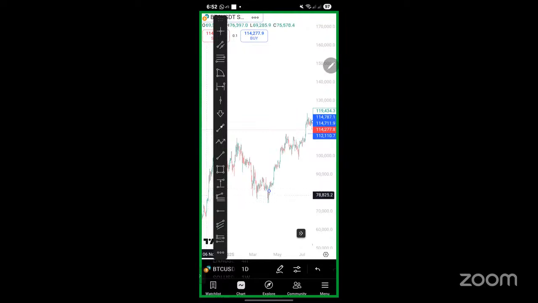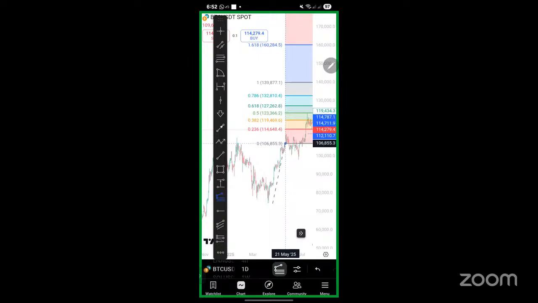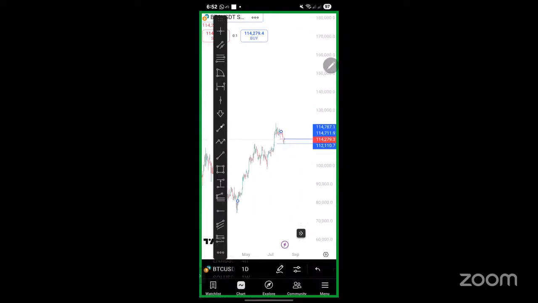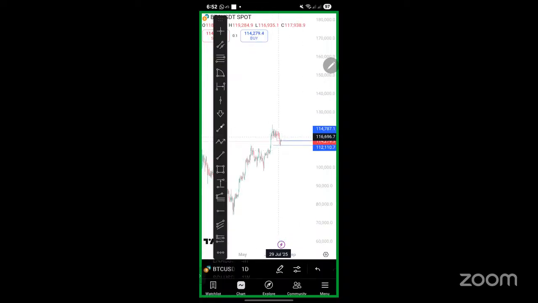This area was a fair value gap and market respected it, pushed to the upward side and topped this area, and it was rejected. It pulls back, still comes and breaks the previous high, then continues upward and taps $123,000. Then after, it comes back down.